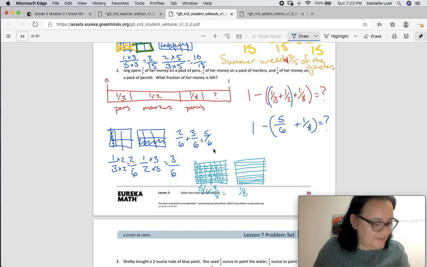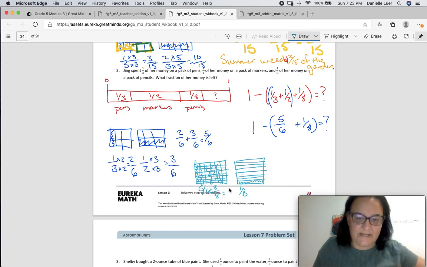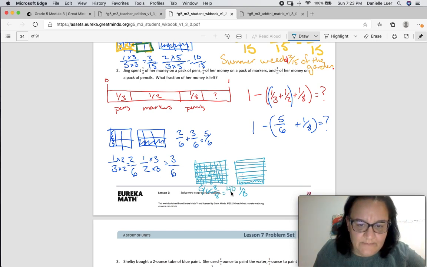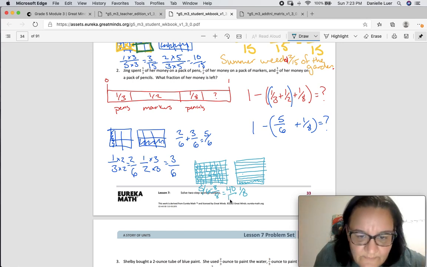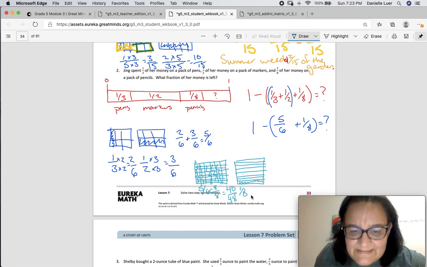Do you guys remember? I'm giving you a space so I can put that on the Edpuzzle. 40. And 6 times 8 is 48. And this side I'm going to multiply by 6. And that's going to give me 6 48ths. So there we go.